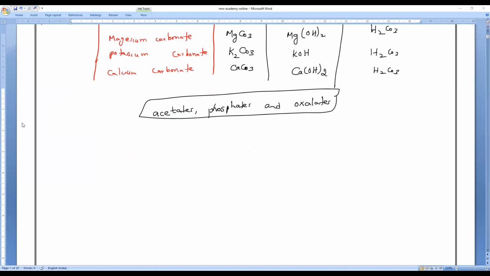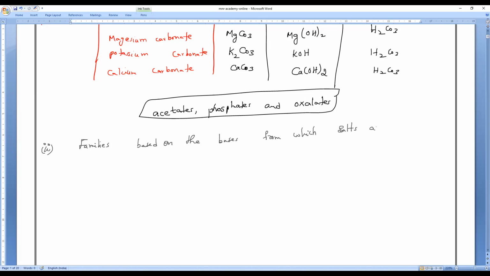Understood? So this is the first type of family of salts. Now the second type of family of salts, we all know that. Till now, we have studied families based upon the acids. Now, opposite to that, families based on what will come? Bases. Based on the bases from which the salts are obtained.